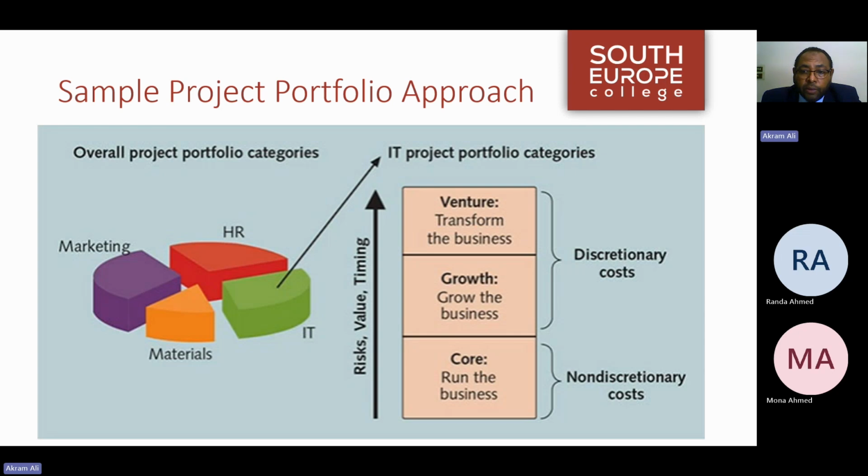For example, a company might have the main portfolio categories shown in the left part of the figure, which are marketing, materials, IT, and human resources, and divide each of those categories further to address its unique concerns. The right part of this figure shows how the IT projects could be categorized in more detail to assist in their management. In this example, there are three basic IT project portfolio categories.